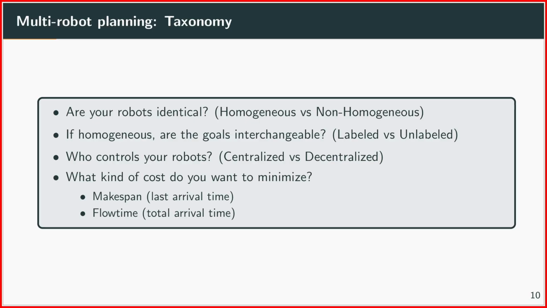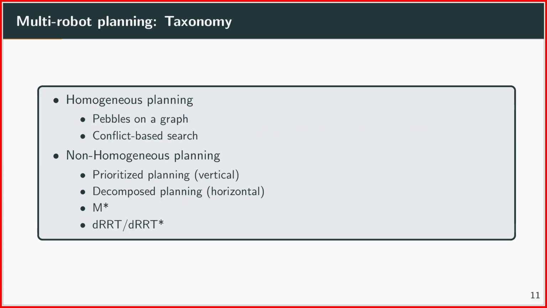Sometimes this is not enough, because maybe you have one robot which is super slow and then the other robots can just move around in the meantime, and you want to also optimize their time. So something which you could do is to introduce flowtime, which is the total arrival time. Basically you just sum up over the arrival times of the individual robots. So those are the two main ones which are usually used.